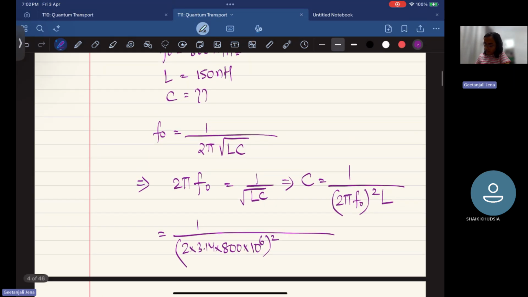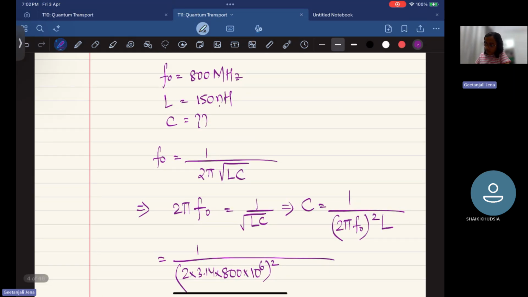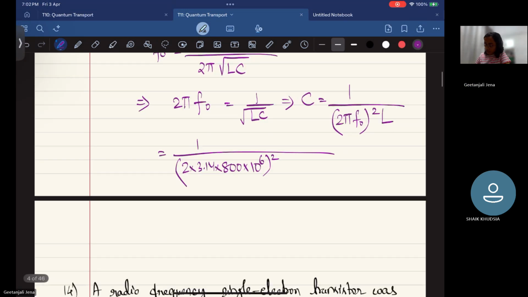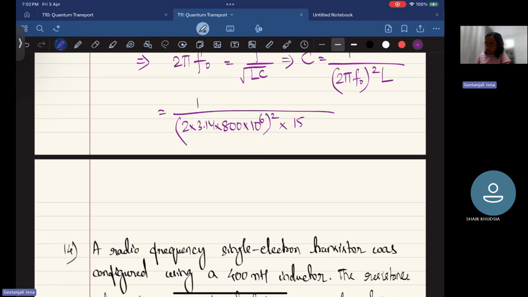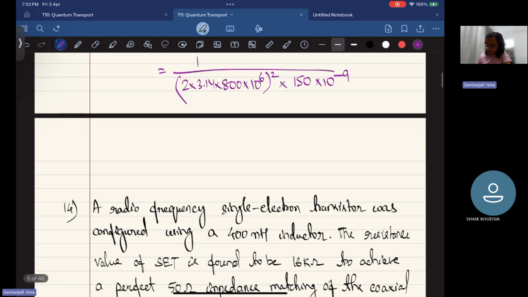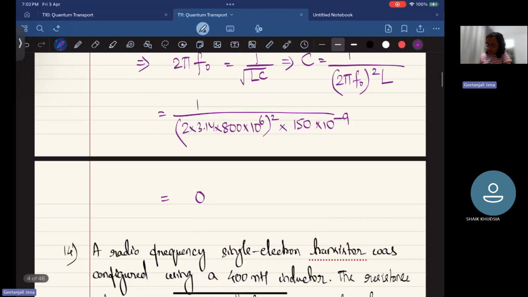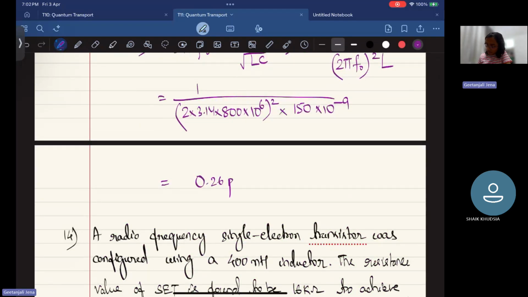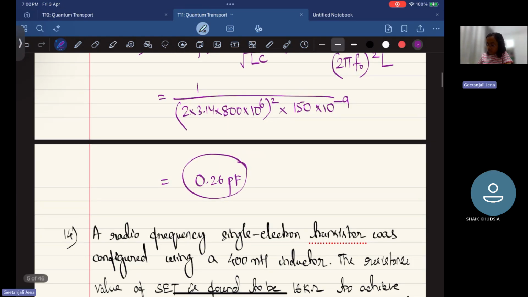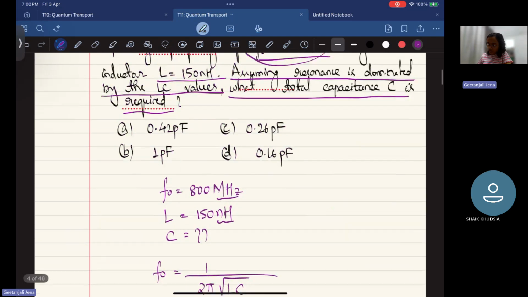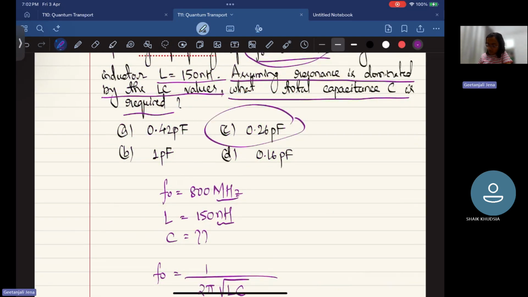The units are important, so check whether you are using the correct order. And L is 150 nanohenry. I think this will give a value around 0.26 picofarad. Cross check once whether you are getting it or not. Option C is the answer.